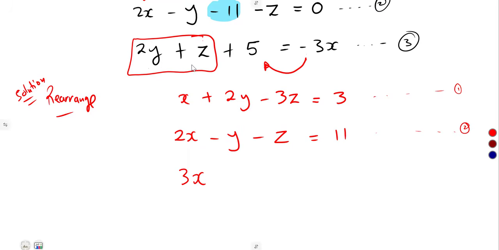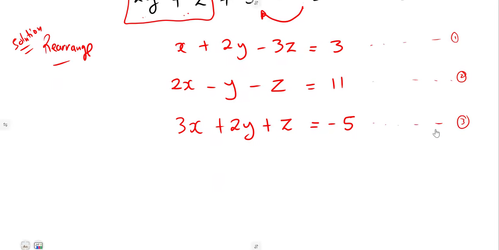Already y and z are on the left-hand side, so no change of sign, just rewriting as they are, 2y plus z. That must be equal to the constant 5, which on the other side is going to change to a negative. We have taken it to the right-hand side, so it has to change the sign. So this is what you are going to have finally after rearranging.